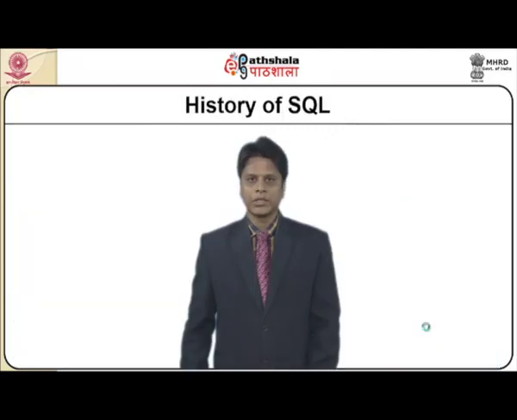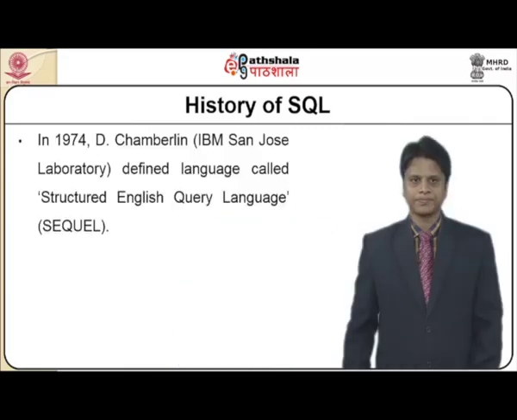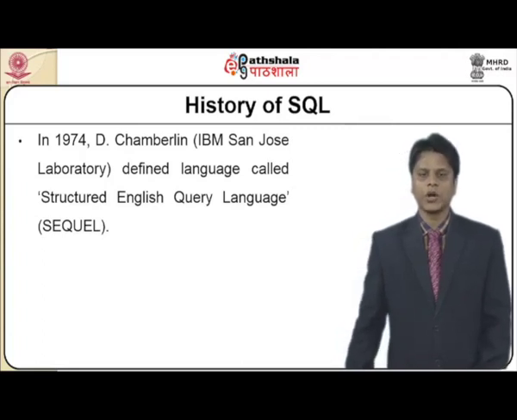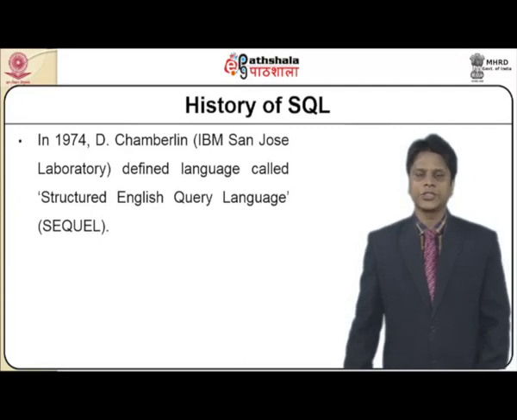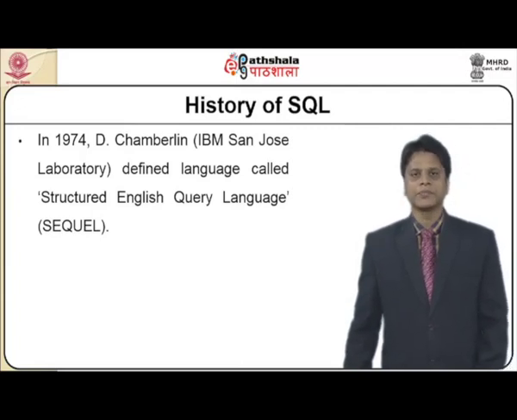To begin with, we look at how the word SQL was derived by looking at its history. In 1974, a person named Chamberlin from the IBM San Jose laboratory defined a language which was called Structured English Query Language in the beginning, abbreviated as SEQUEL.